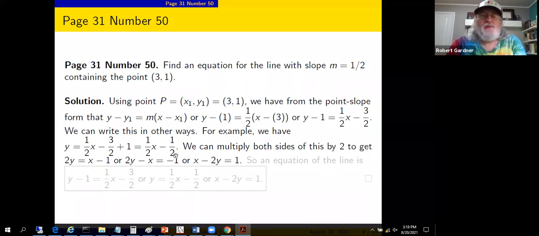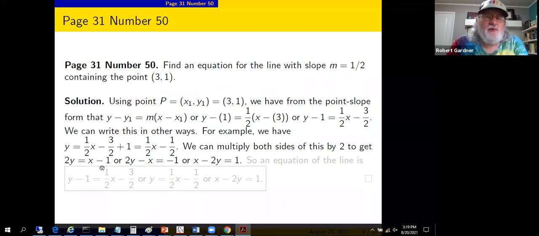This has got fractions on the right-hand side. If I was so possessed, I could multiply both sides by 2. That'd produce a 2y on the left-hand side and get rid of these fractions on the right-hand side and produce a 2 times 1/2 x, which is x, minus 2 times 1/2, which is 1. It would produce this.